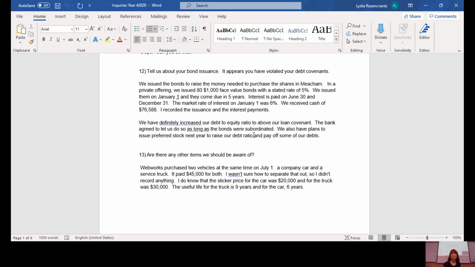The first would be to do what? What sounds like the easy way to do that? If we said we were going to pay 7% and the market says no, we want 8%, we would just pay 8%, right? So let's say the interest payment is $4,000 a year. I don't know, whatever it is.